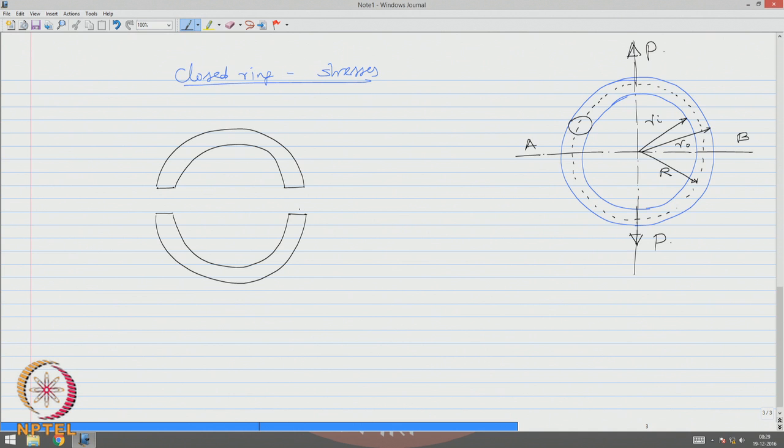Let us mark the forces to which they are subjected. Let us say this is my force P, which will be acting on the system. Now, this will be resisted and opposed by P by 2.